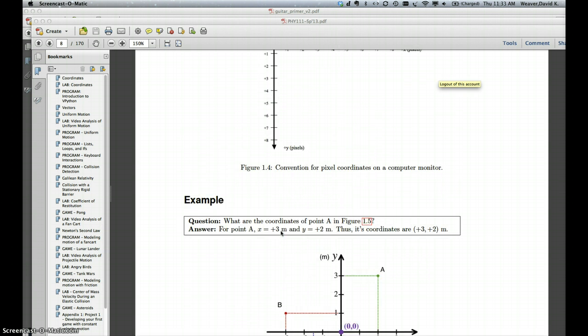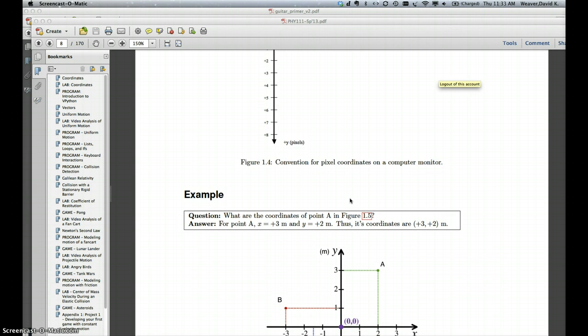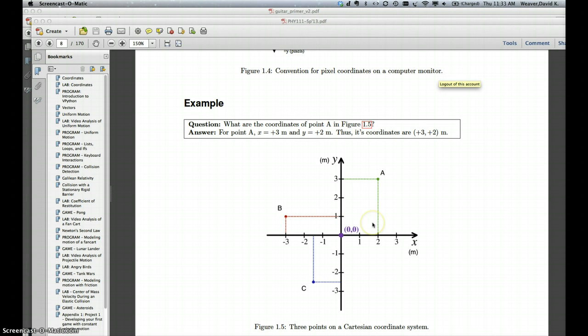So there are some examples here, and if you look at this example, you'll notice that he kind of messed up here. He said for point A, x is a positive 3 meters and y is a positive 2 meters, and you know that he was being dyslexic because it's actually x is 2 and y is 3.